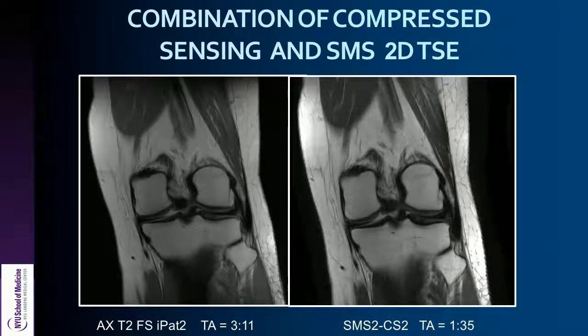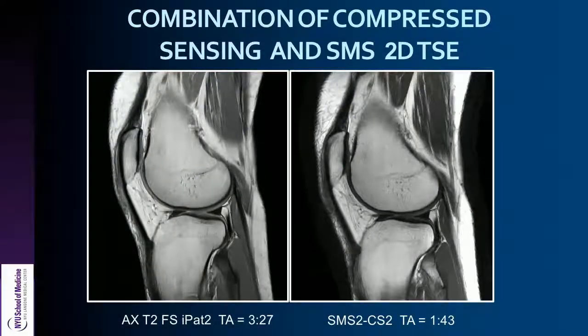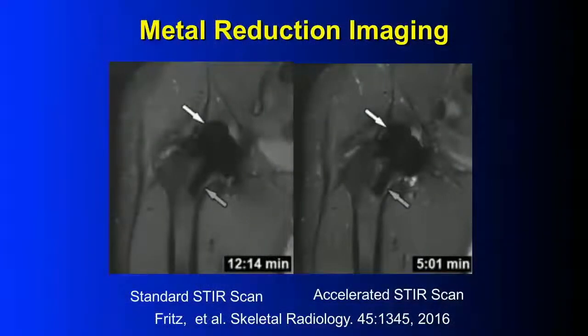Here's another example, again, about half the overall scan time with very little reduction in overall image quality due to the compressed sensing. Again, here in a sagittal example, you can apply this in cases where the scan time is already long, such as metal reduction imaging or multispectral imaging.